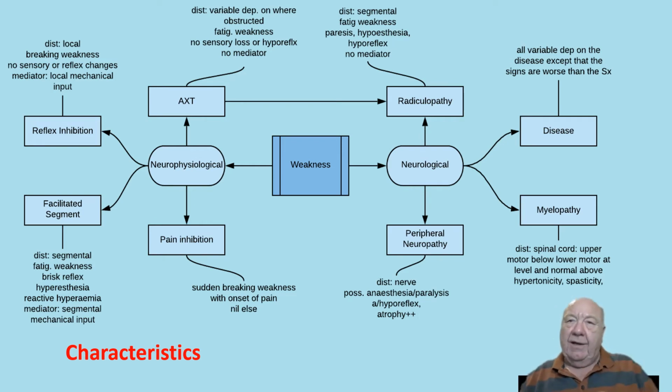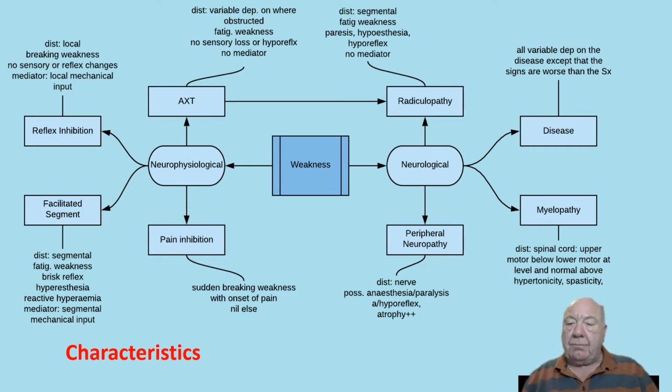But after that, the signs and symptoms are variable in distribution, in severity, and so on. It depends on how severe the disease is and what structures are being affected by it. But basically, if you've got massive signs and symptoms and relatively less pain, then you're probably looking at a neurological condition.